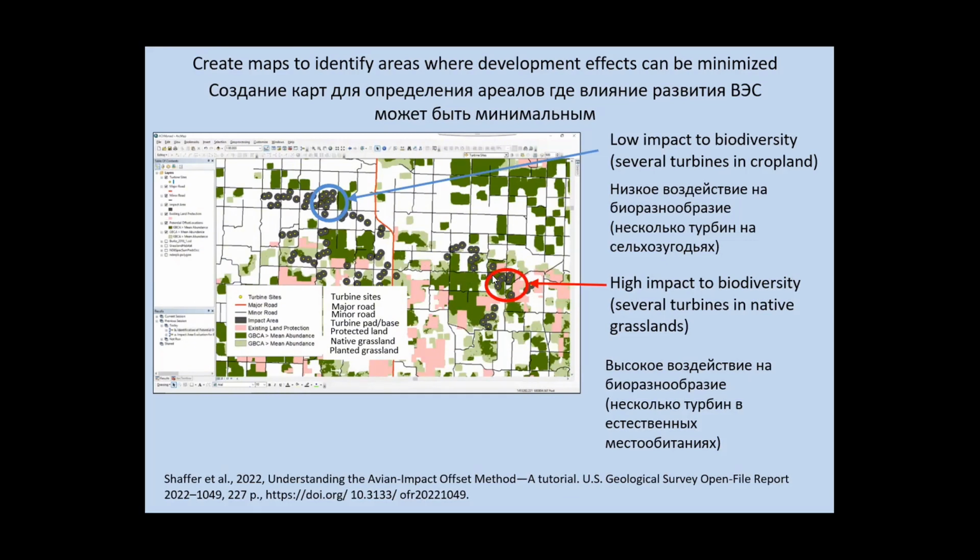Conversely, placing a number of wind turbines within the red circle would have a high impact to biodiversity. So maps like this help biologists and energy developers decide what the impact of the placement of individual turbines could be on biodiversity.